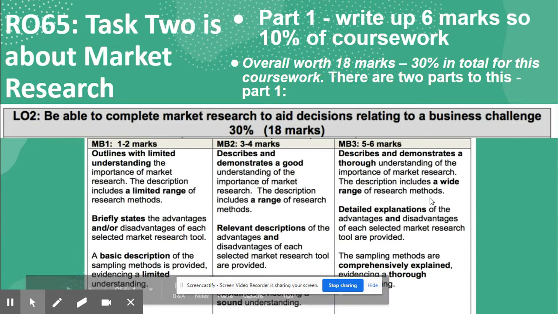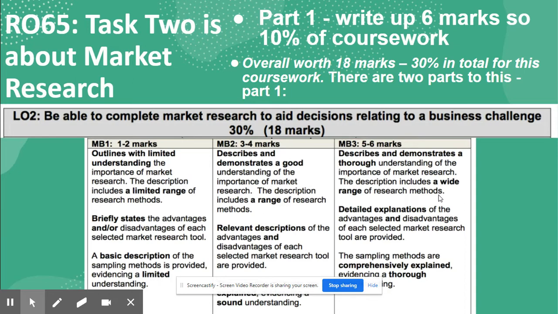But in a nutshell, you've got to first of all show that you understand that you have to describe and demonstrate a thorough understanding of the importance of market research. This is a thing that a lot of you haven't actually done that well, and describe the importance of market research using a number of examples, and then you got to describe the research methods.